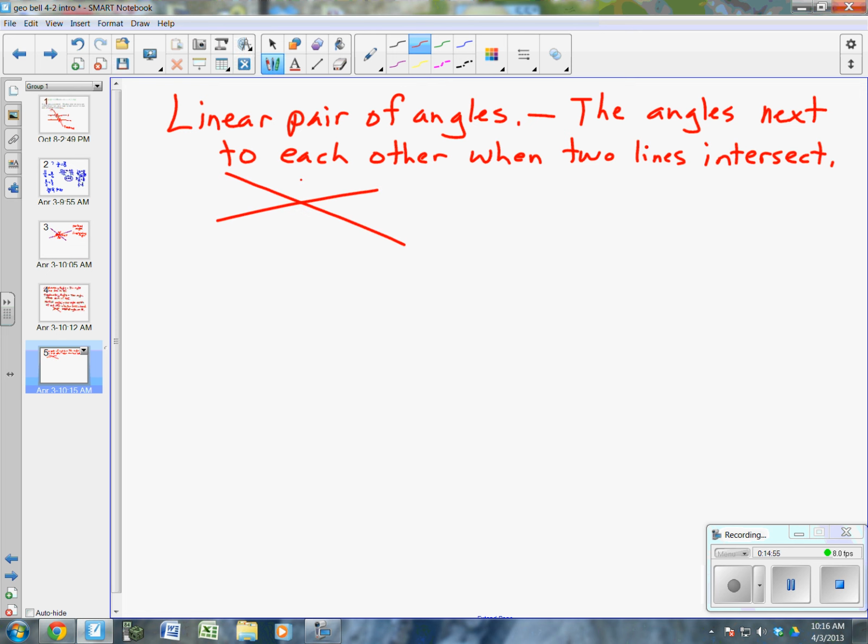One and two would be an example of those. Actually, when two lines intersect, how many pairs of linear pairs do you have? You have 4. 1 and 2, 2 and 3, 3 and 4, and 4 and 1 are all linear pairs.